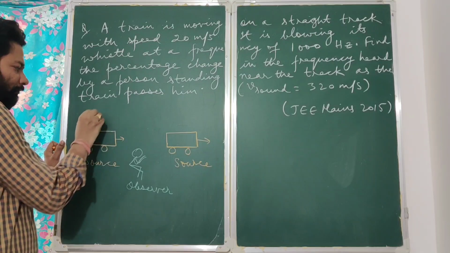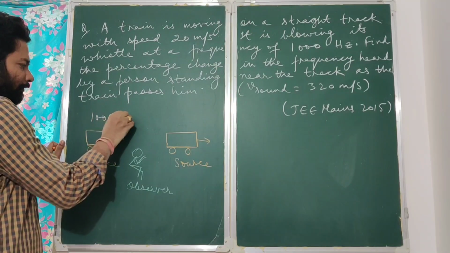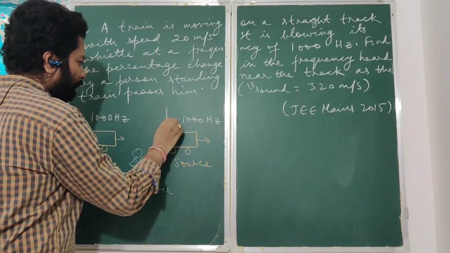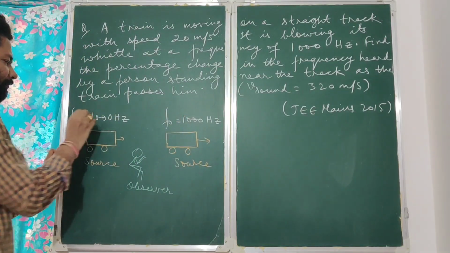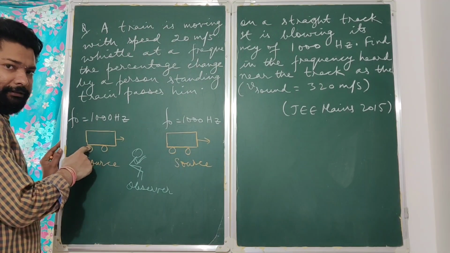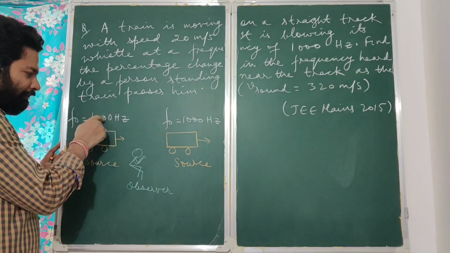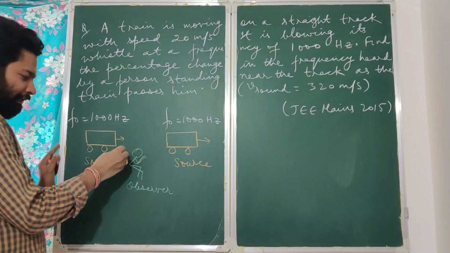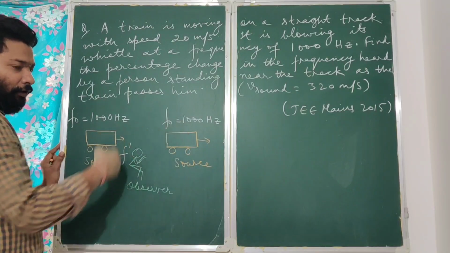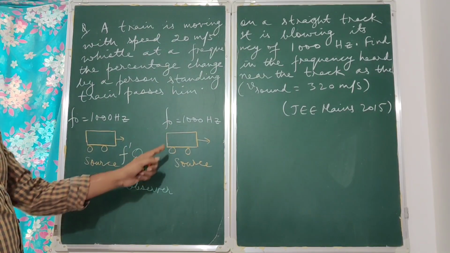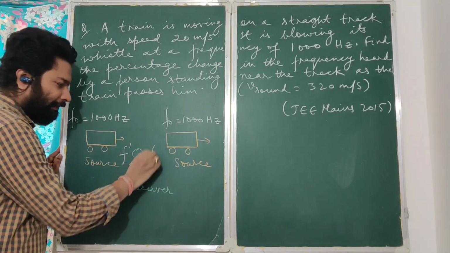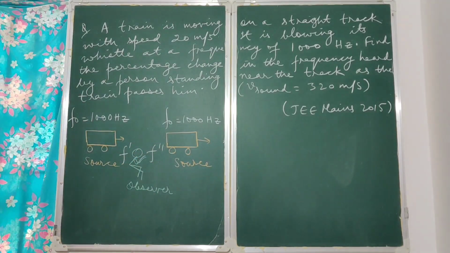So it is blowing whistle at a frequency of 1000 Hz. So here this is F naught. Now let us say if he hears the sound which is coming from the train approaching him is F dash, and when the train has passed and moved away from this person, then he hears it at frequency F double dash.